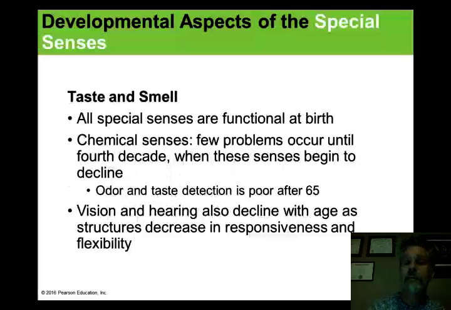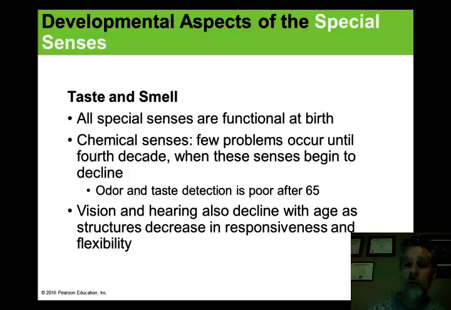Now, like we said, some of these different receptor structures do tend to decline through time. We talked about that happening with your eyes, so myopia, hyperopia, things like that. The chemical senses tend to dull through time as well, even though we know those sensory neurons recycle pretty quickly in terms of the olfactory receptors and the gustatory receptors.